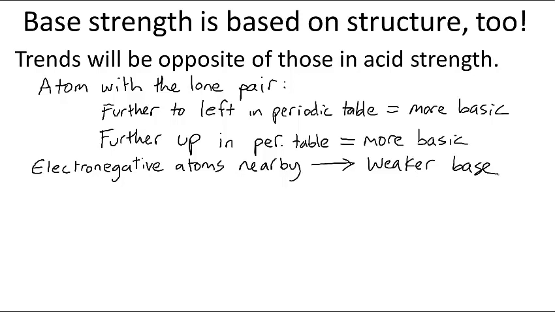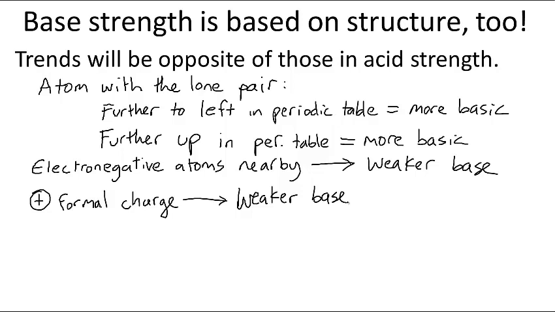We looked at formal charge. So a positive formal charge will make something more acidic, but a negative formal charge will make something a stronger base.